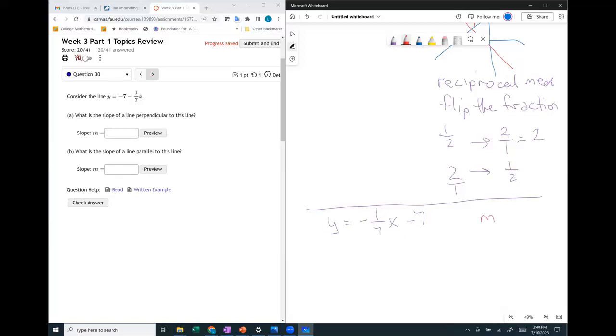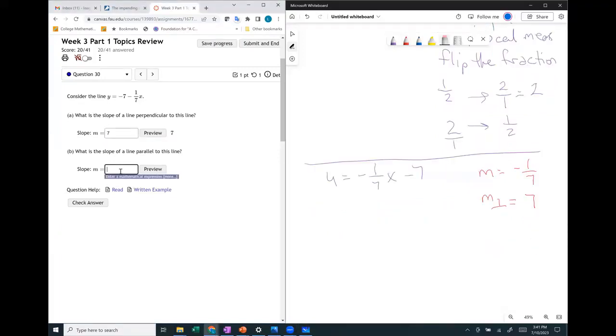Well, if the slope is equal to -1/7, then the perpendicular slope is positive, because it's the negative of that, which would make it positive, and it would be 7/1, which is 7. The slope of the line parallel is exactly the same as the original slope, so it's -1/7.